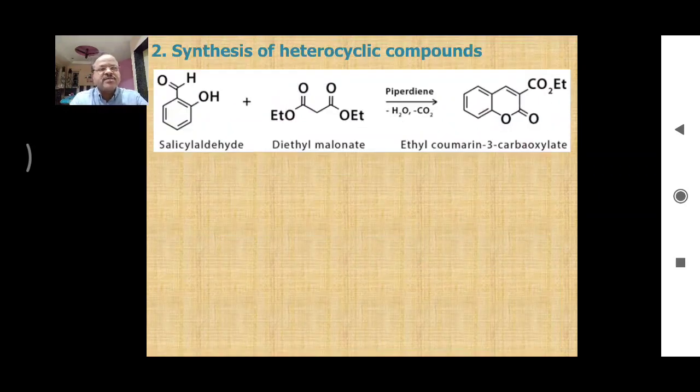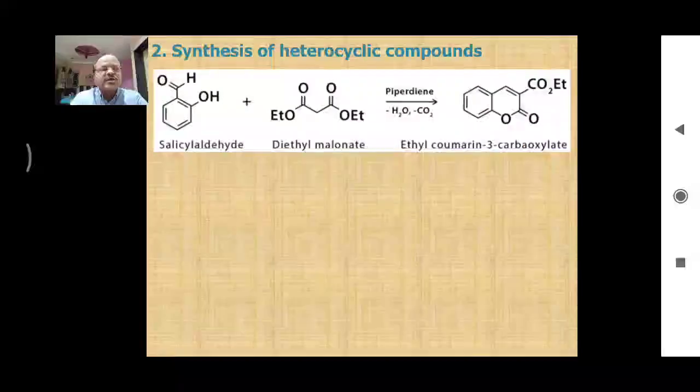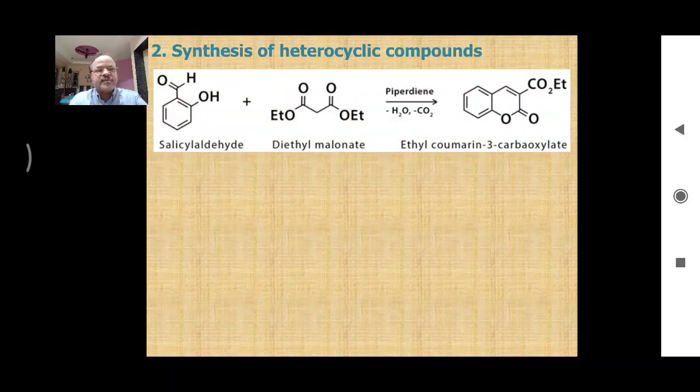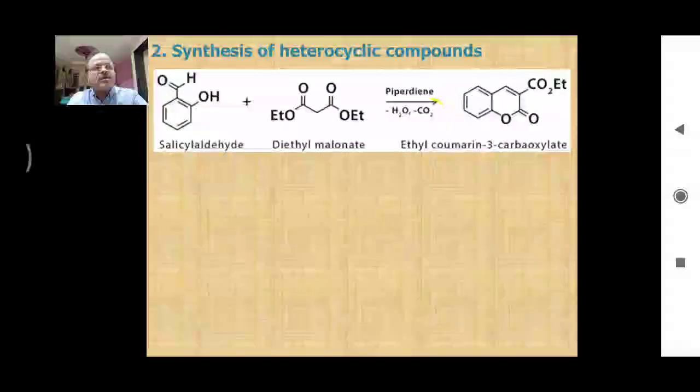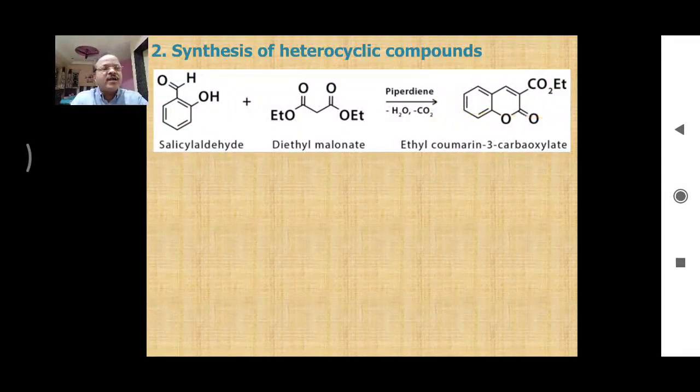Now let us see this second application. It is also used in the synthesis of heterocyclic compounds. So this is salicylaldehyde, and diethyl malonate undergoes condensation in presence of base piperidine, followed by dehydration and decarboxylation to form ethyl coumarin 3-carboxylate.